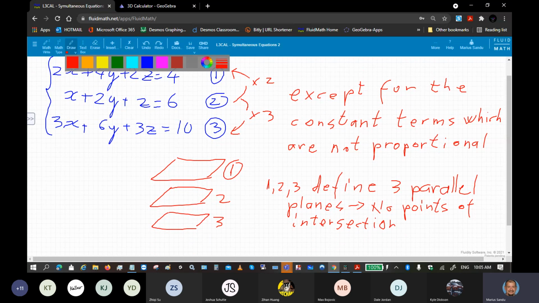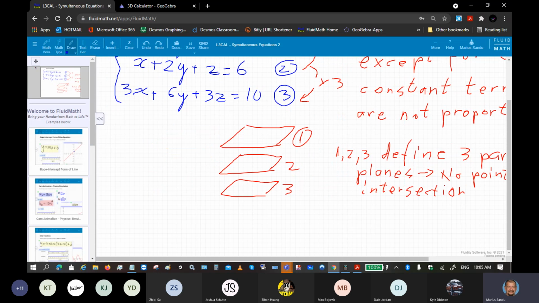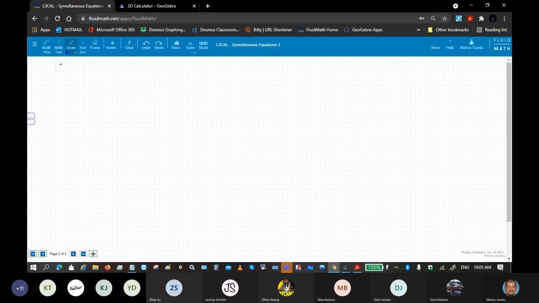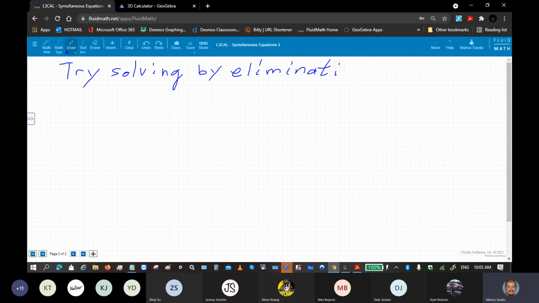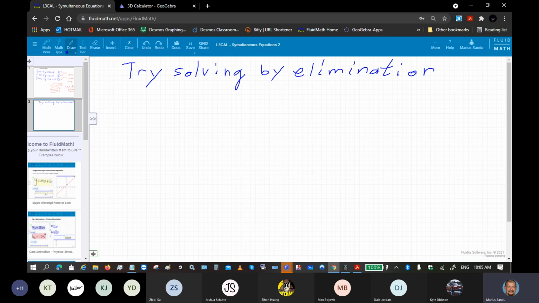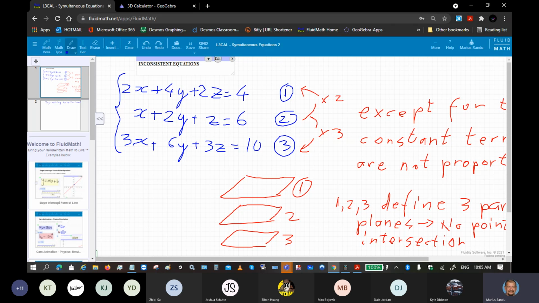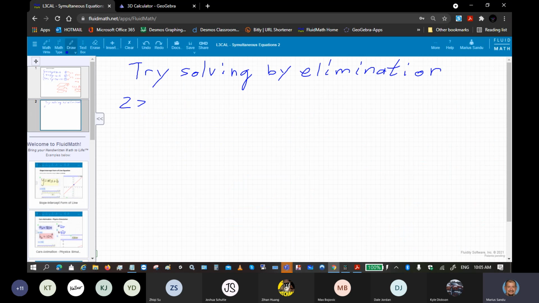Right, now if I were to try solving by elimination. I've got 2x plus 4y plus 2z equals 4.